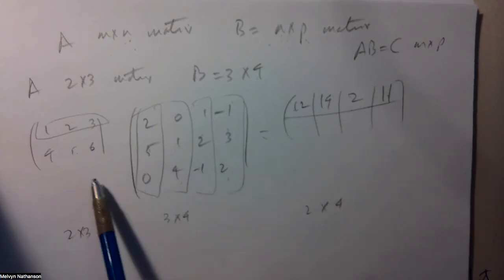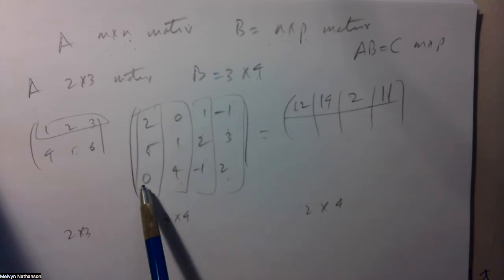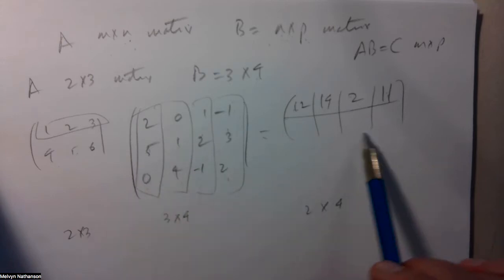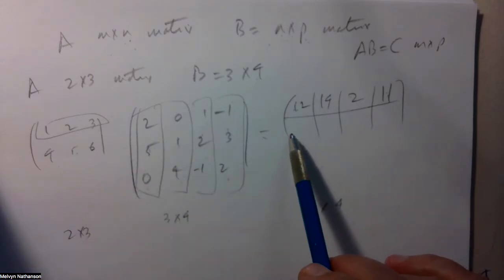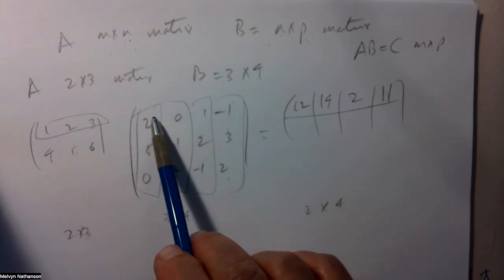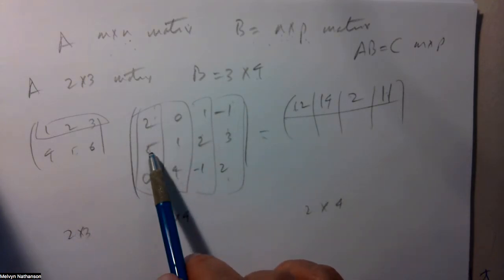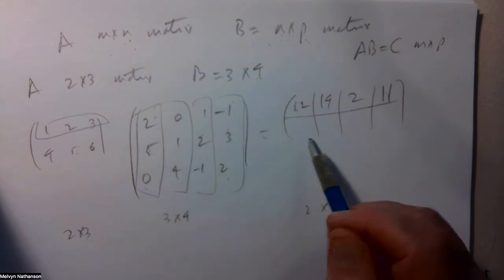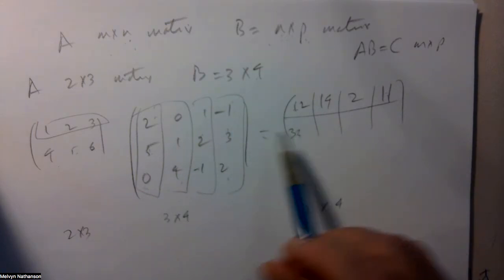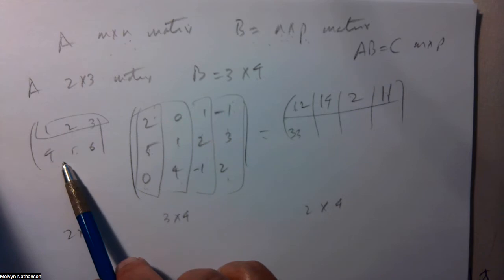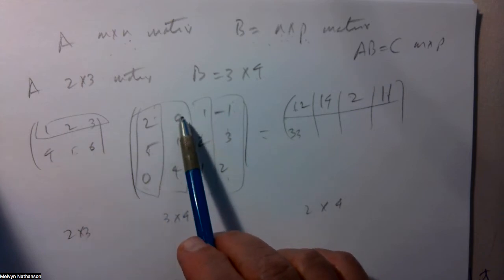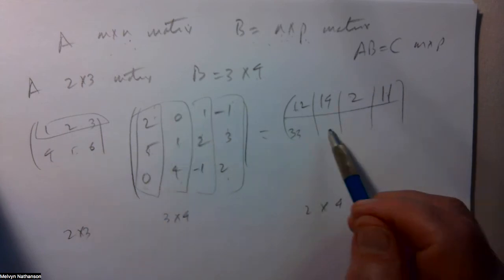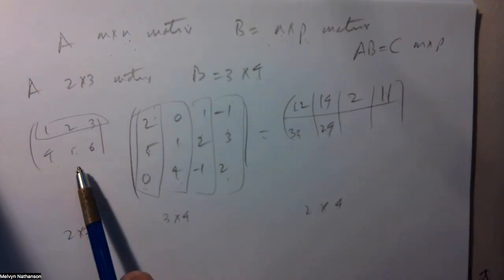And we get the second row, it's the second row of this into the 1, 2, 3, 4 different columns over here. So for the second row, first column, 8 plus 25 plus 0 is 33. Second row, second column, 0 plus 5 plus 24 is 29.